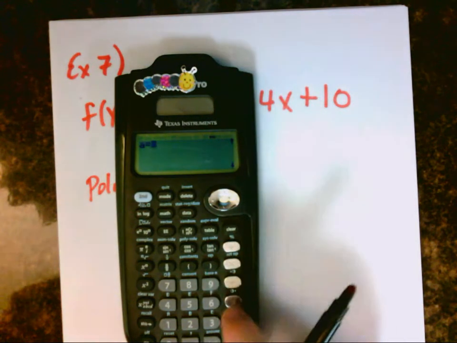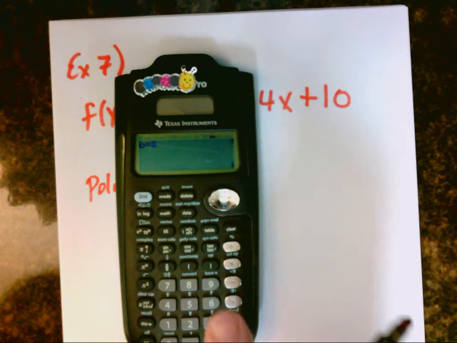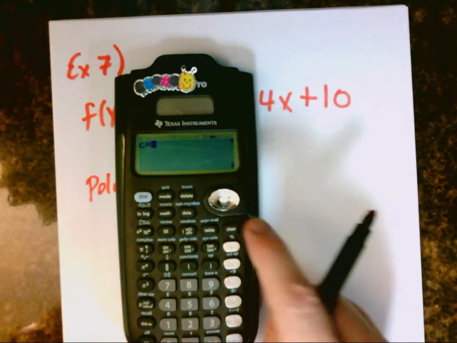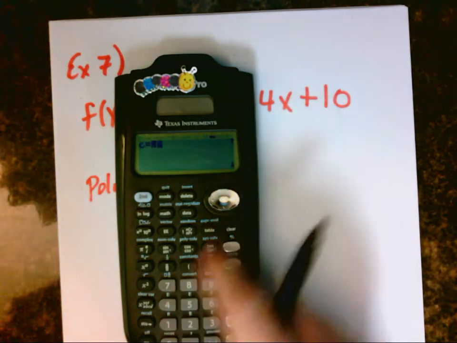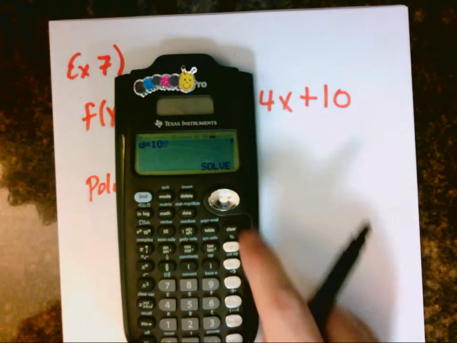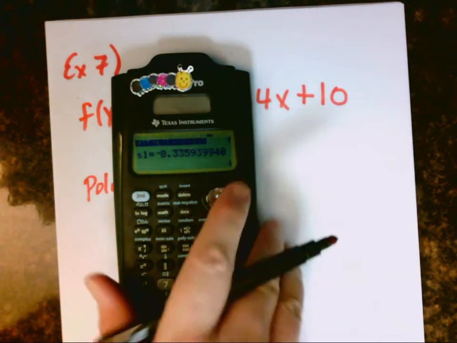My first coefficient is a -1. Go down to the next coefficient, clear it out, and put -8. To the next coefficient, clear it out. 4. To the next coefficient, clear it out. 10.